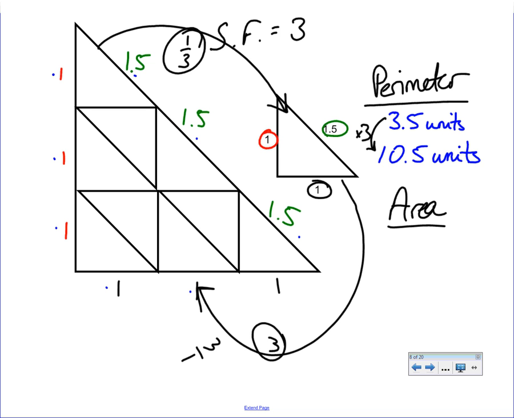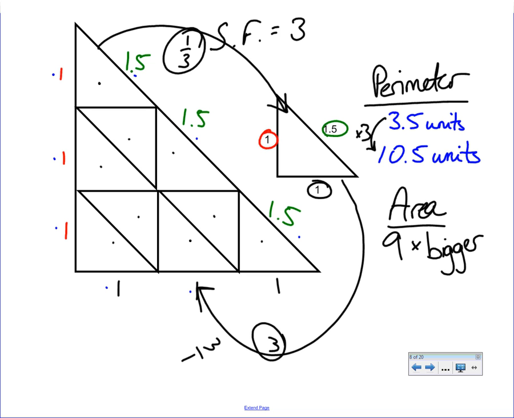What happened to my area? My area got how many times bigger? There's 1, 2, 3, 4, 5, 6, 7, 8, 9. My area is 9 times bigger.